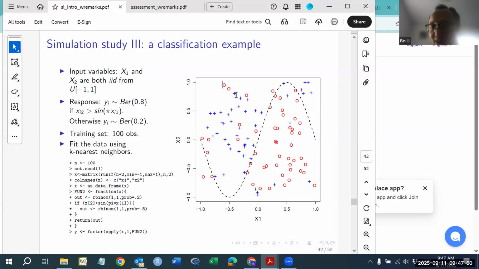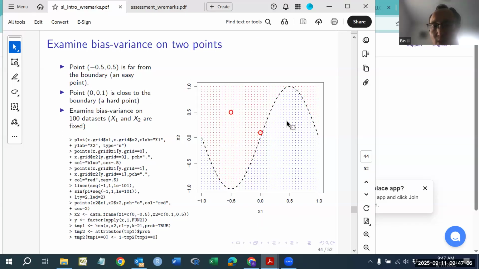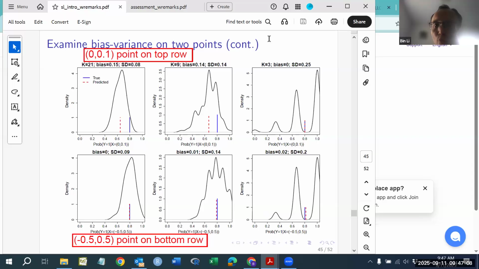So the probability of getting a blue cross above the sign function is 0.8, which is why the true value in terms of probability for these two points is 0.8.